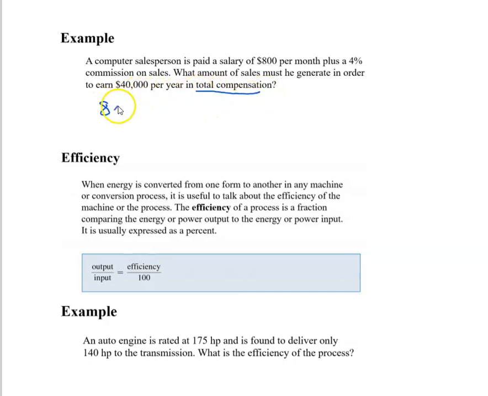Well, what we know is that he already makes $800 per month, okay? And 800 times 12 ends up being $9,600. So we've already got that taken care of.